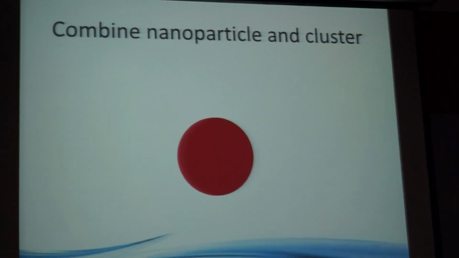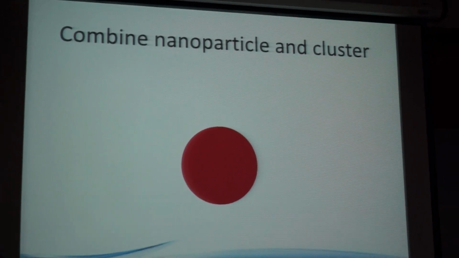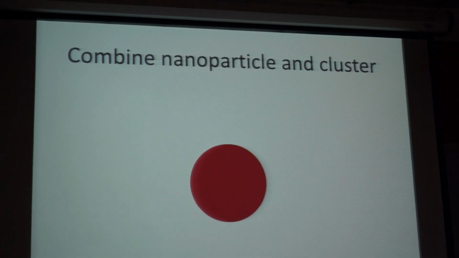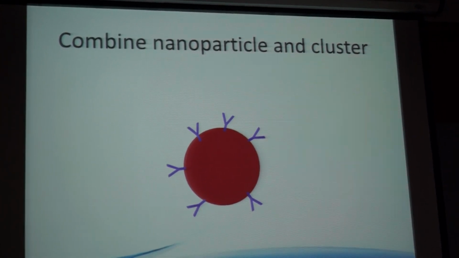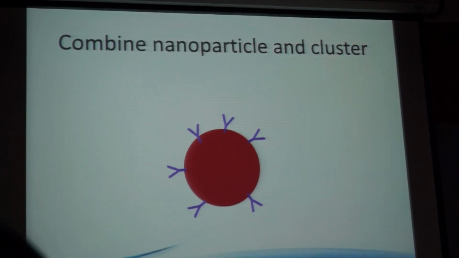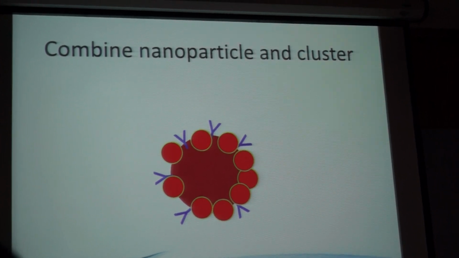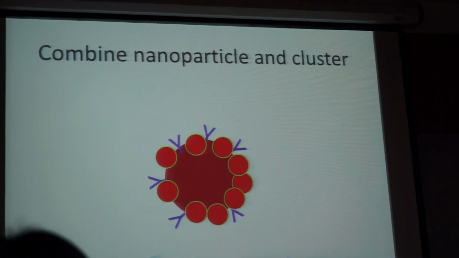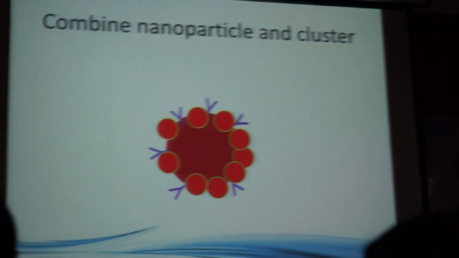So we think if we combine the nanoparticle and nanocluster together, it will make our experiment more easily successful. So this is what we do. First, we conjugate the antibody on the surface of the nanoparticle, and then we use nanocluster to cover the surface of the nanoparticle.